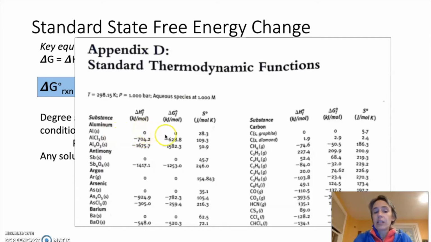And you'll also see on here standard free energies of formations. And so these are, in a way, similar to enthalpy of formation in terms of how it's defined as forming a compound from the elements in their pure and most common forms.